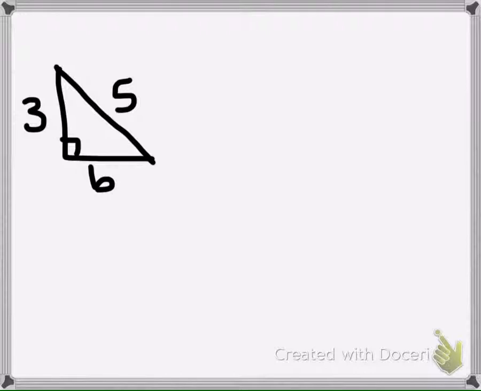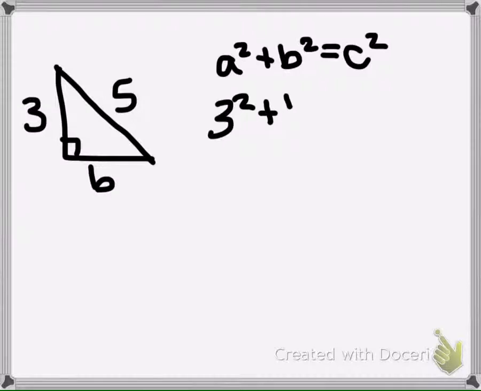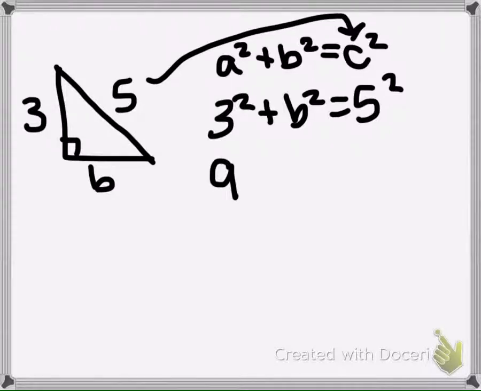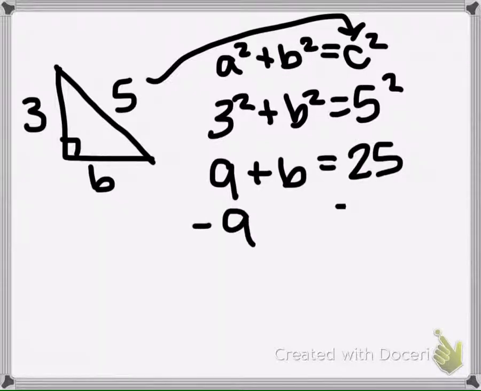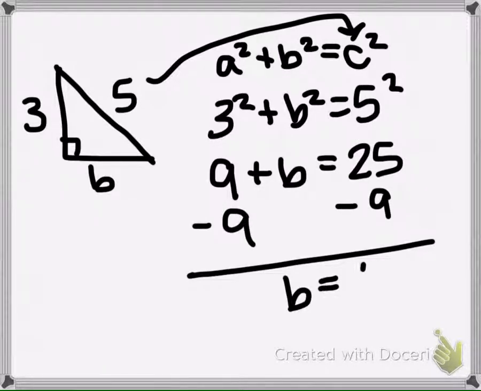Here's another one. This time our missing side length is b. So when we substitute into the Pythagorean theorem, we're going to leave the b variable alone, and we're going to substitute our hypotenuse of 5 in for c. So 3 squared equals 9, the b squared stays, and 5 squared equals 25.